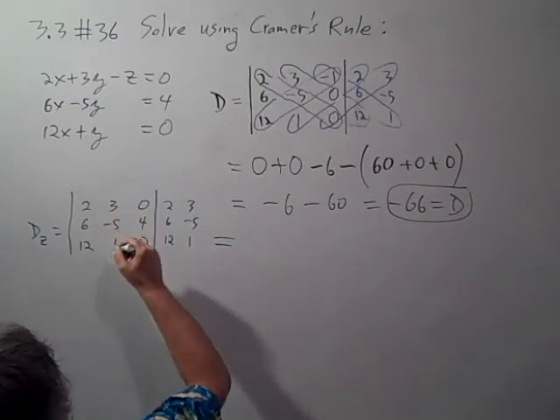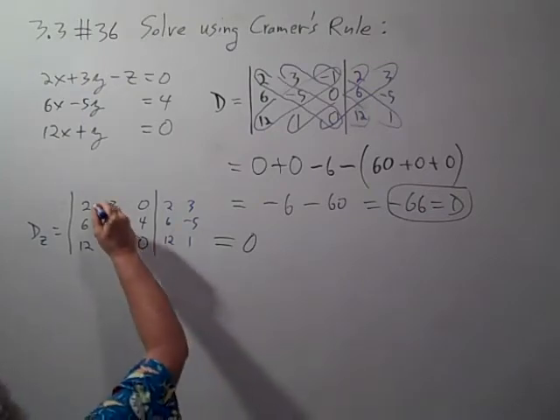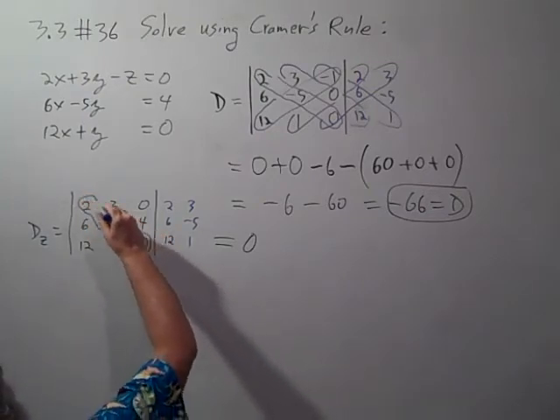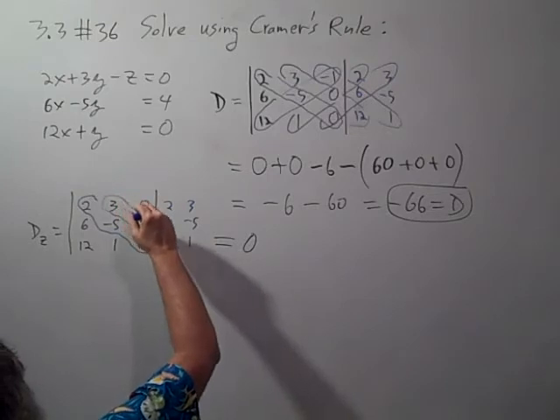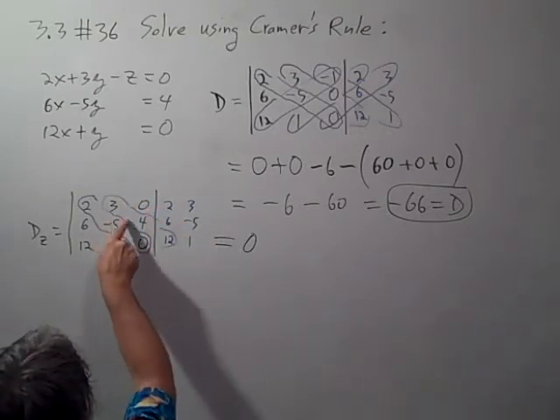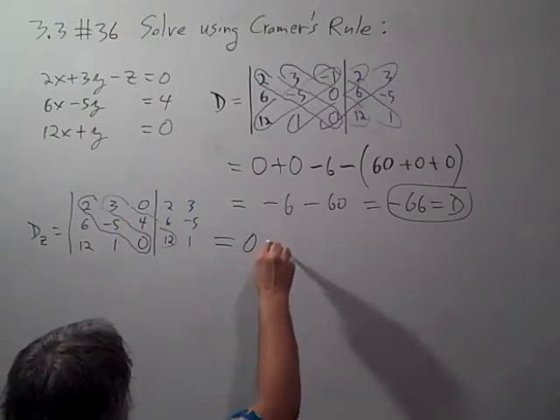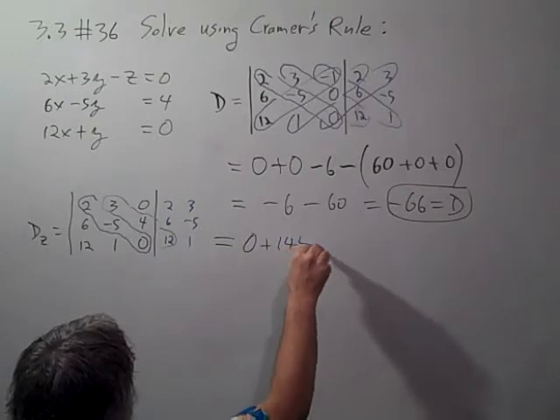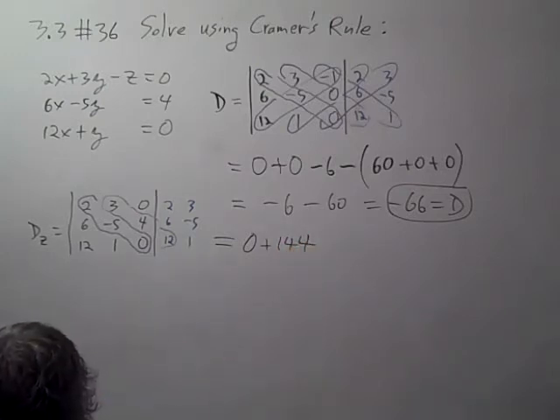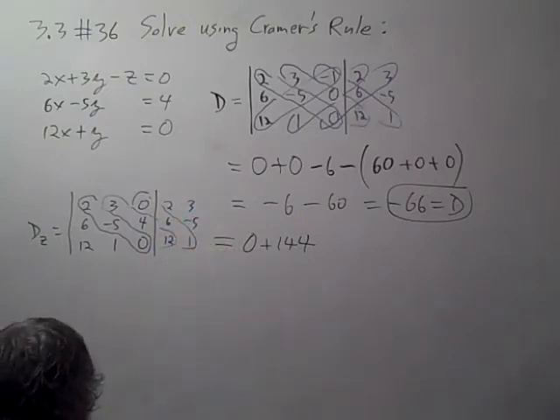So multiplying down the diagonals, the first one gives us a 0, because it's just 2 times -5 times 0. Then we have 3 times 4 times 12. Well, 3 times 4 is 12. 12 times 12 is 144. So that adds 144 to our sum here. And then the last diagonal here is 0, because it's 0 times 6 times 1.